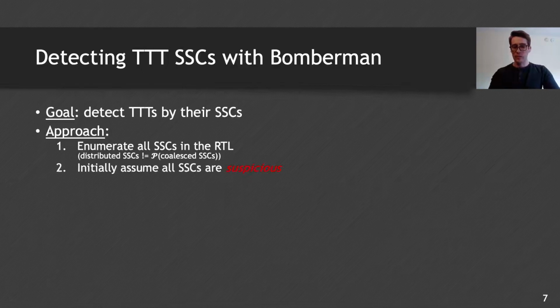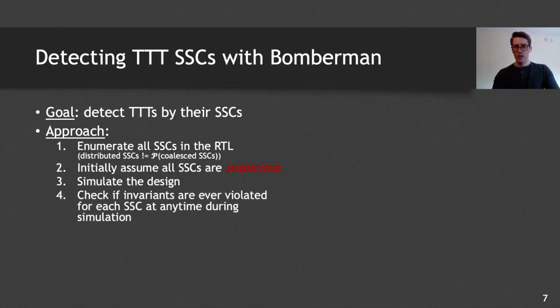of a TTT. Then we simulate the design using traditional verification test vectors. And lastly, we analyze the verification results and check if each SSC violates either TTT invariant at any time during simulation. If they do, then the SSC is benign and cannot be part of a TTT. If they do not, then the SSC could be part of a TTT and must be analyzed manually by a hardware design engineer.